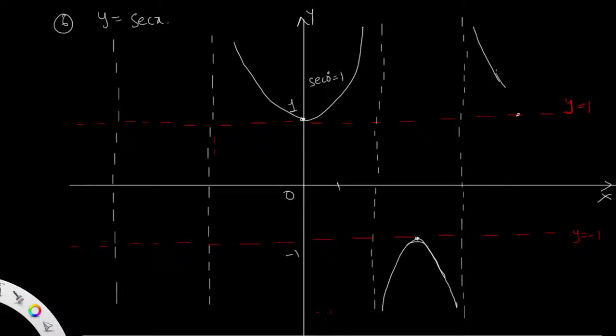Secant of minus pi, this is minus pi, this is minus pi by 2, this is minus pi.